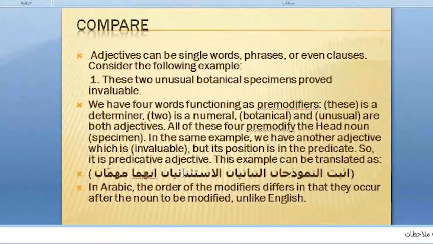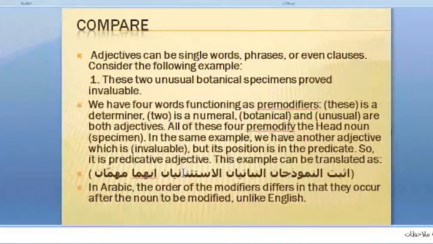Why? Because we have a noun which is in the dual system. Out of this example، من خلال هذا المثال we can say that in Arabic the order of the modifiers, يقصد الصفات, the order, يعني ترتيب, of the modifiers اختلف عن ما موجود في اللغة الإنجليزية.